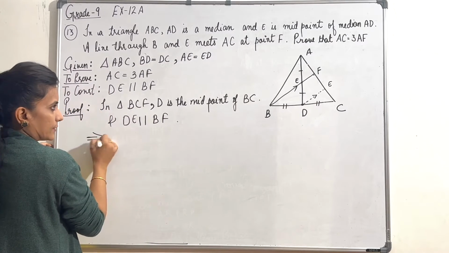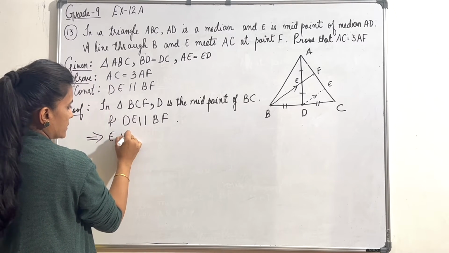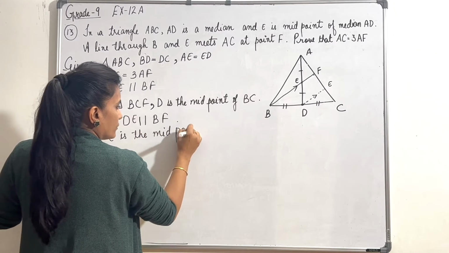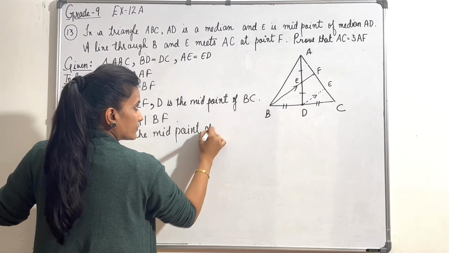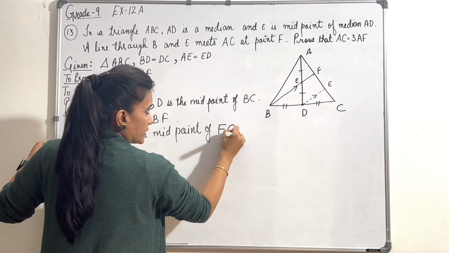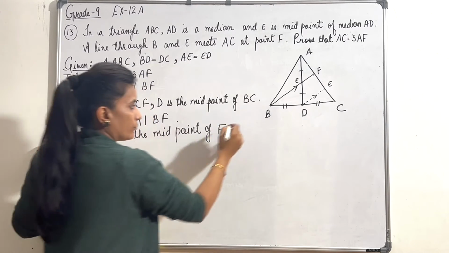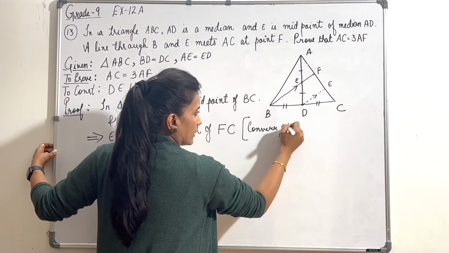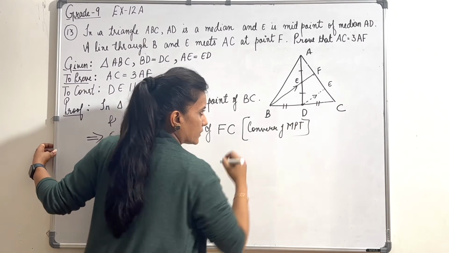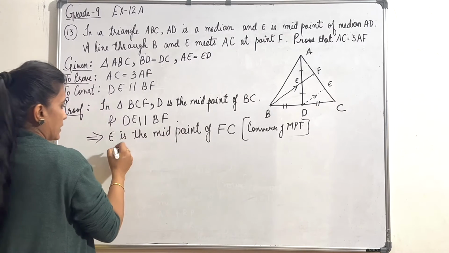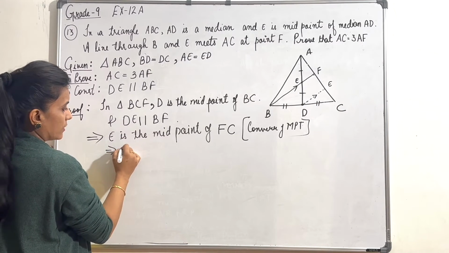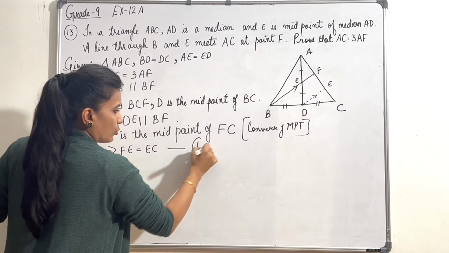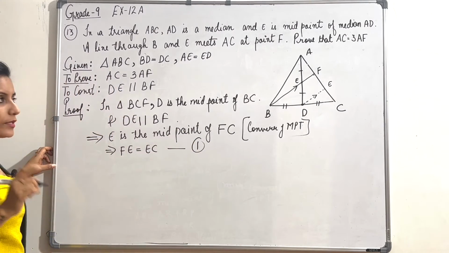This implies that E is the midpoint of FC, alright, from converse of midpoint theorem. So this implies FE is equal to EC. Let's name it 1.